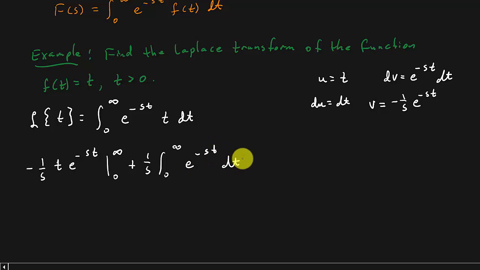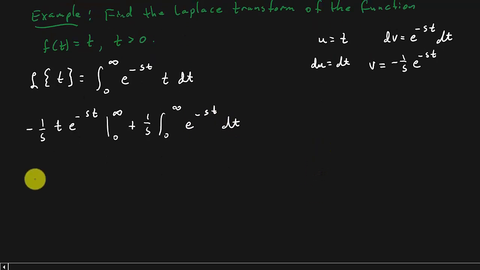All right, and so when we got to integrate this now, so that's negative 1 over s t e to the negative st from 0 to infinity, and then that's going to be minus, right?